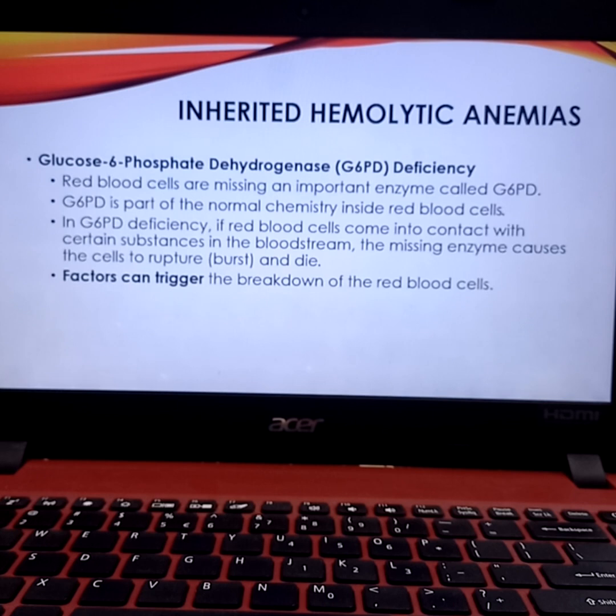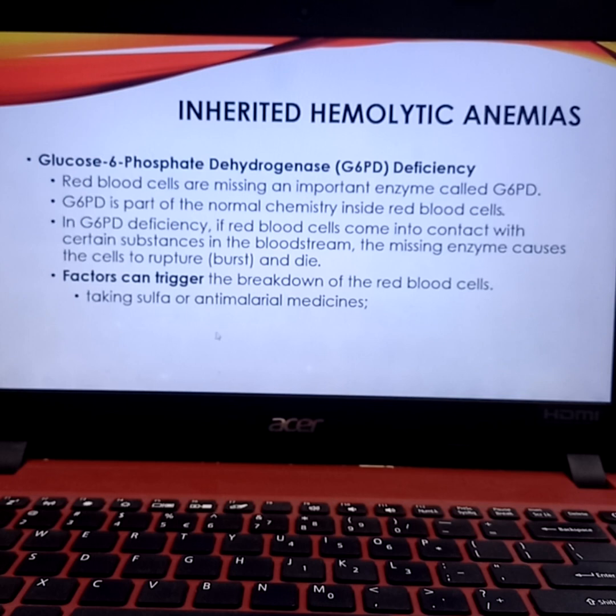The factors that can trigger this breakdown of the red blood cells are the following. Number one, if you take sulfa or anti-malarial medicines. If you are positive for G6PD, which is one of the conditions that can be assessed during newborn screening, you will forever need to avoid these following factors.